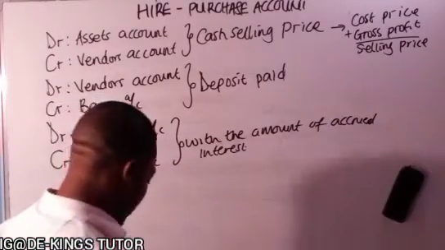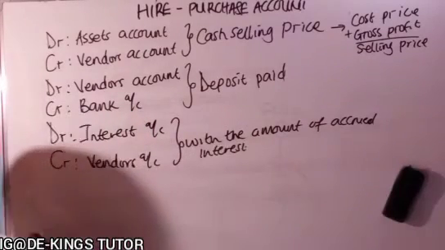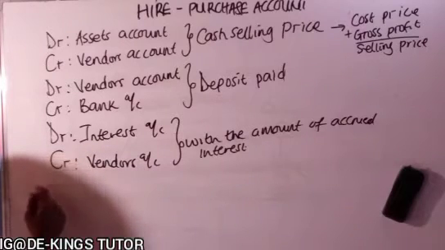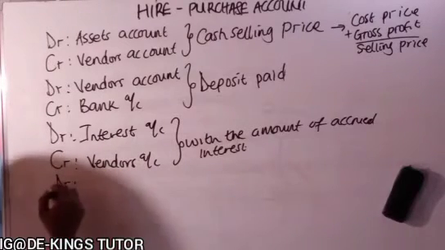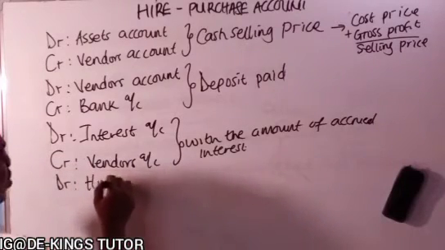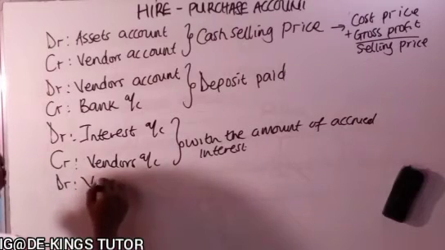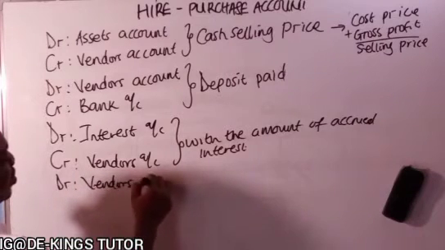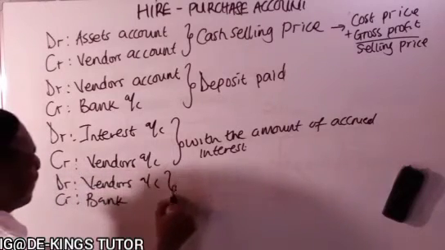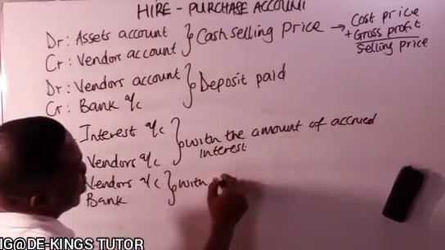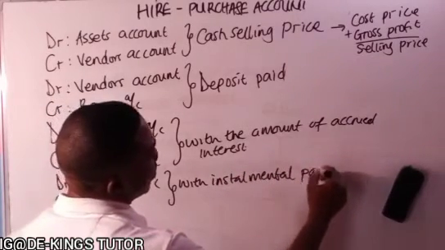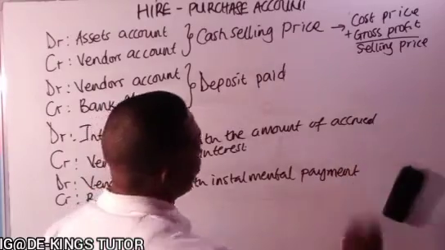Now the next one, after you've recorded the interest, is the installment payment. We have to debit the hire purchase vendor's account, or just call it the vendor's account, and credit bank with the installment payment.